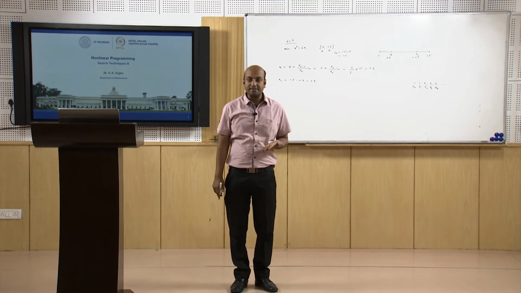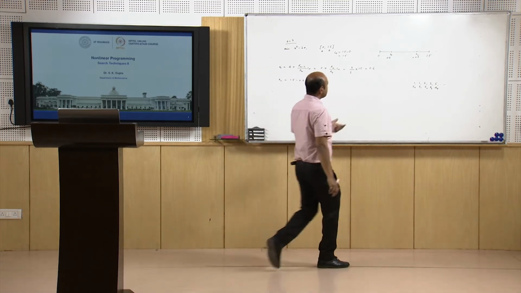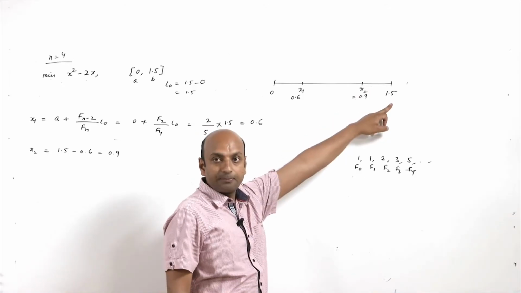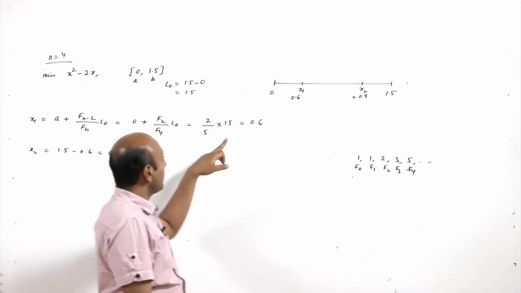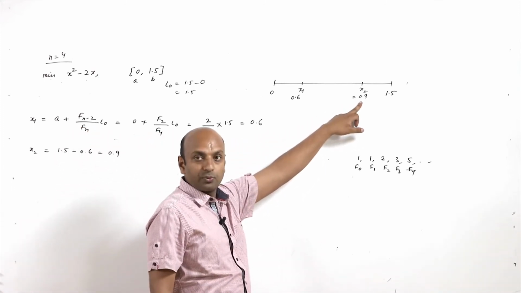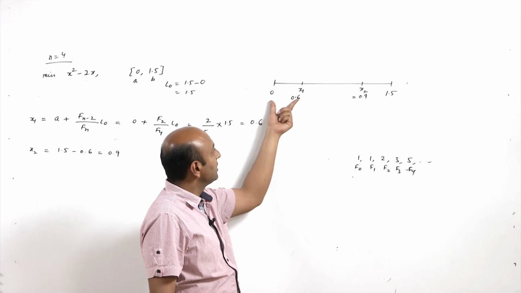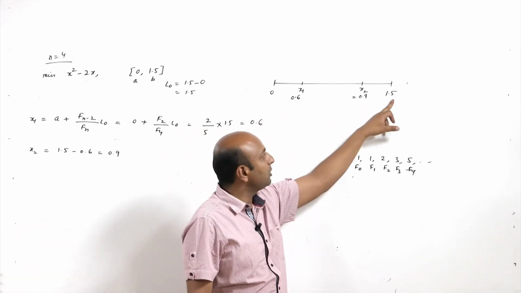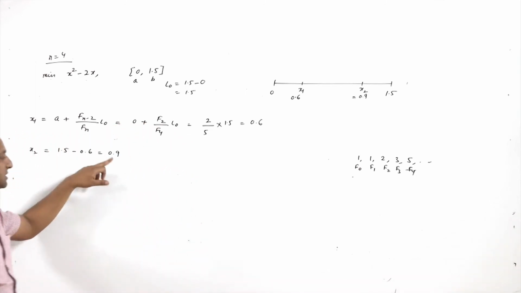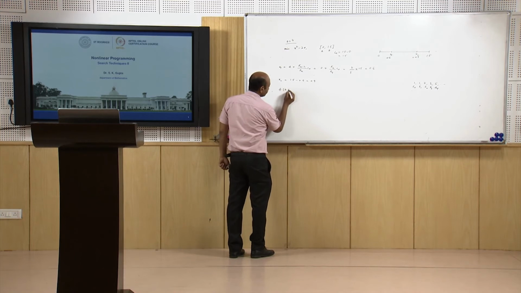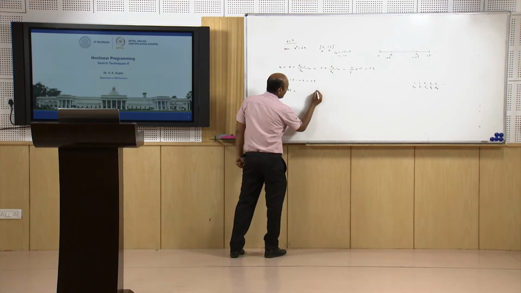As we have already discussed, we have to find the two experiments x1 and x2 such that they are placed symmetrically from the endpoints. If x1 is 0.6, which we obtained here, x2 will be the same distance from the other end, which is 1.5 minus 0.6, that is 0.9. Now, you find f of 0.6 and f of 0.9.